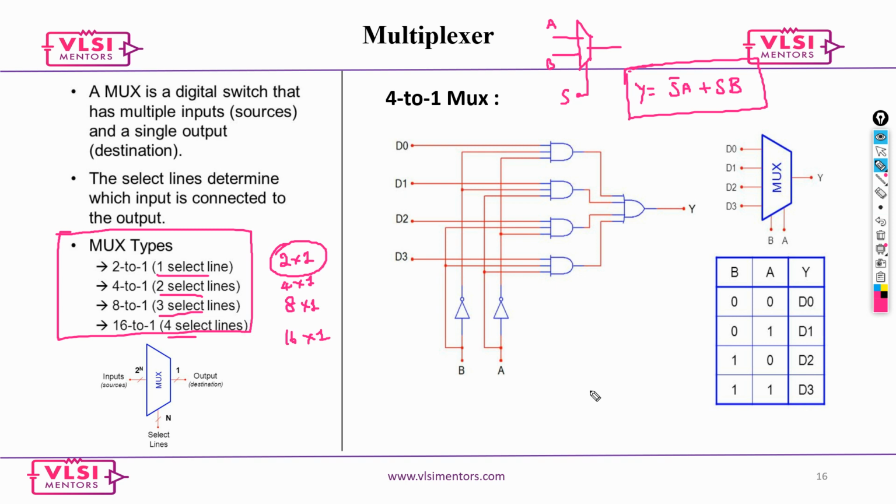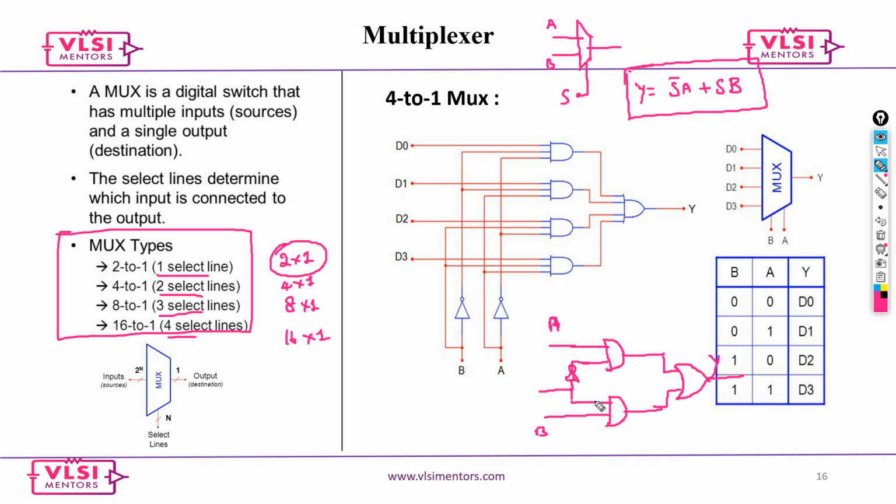Now when you expand this, how is it going to be? It is going to be two AND gates with one OR gate. So Y, and then this B, and this A, and then you have got select that is inverted.